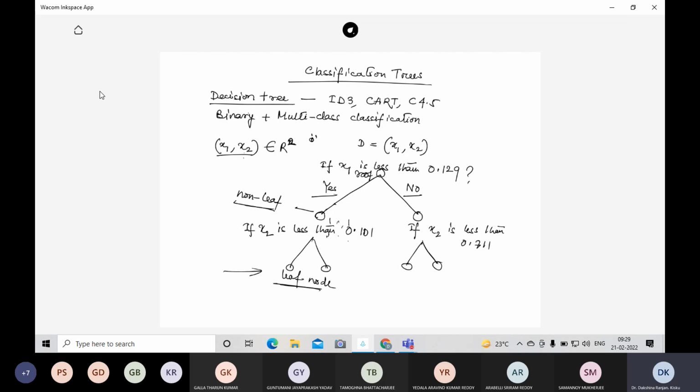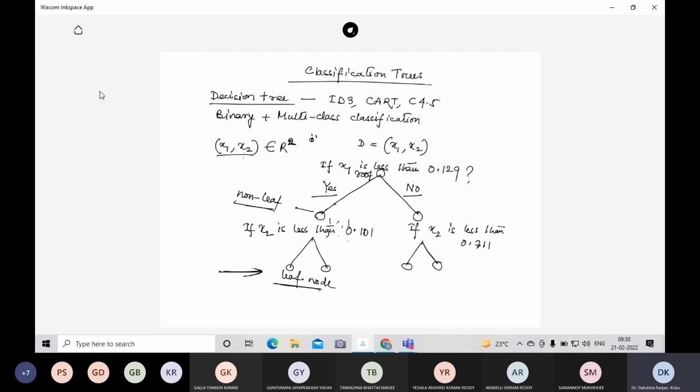We can have more than two attributes, or with just one attribute we can classify the input data and put a label on this example. So this is the preliminary concept about classification trees.